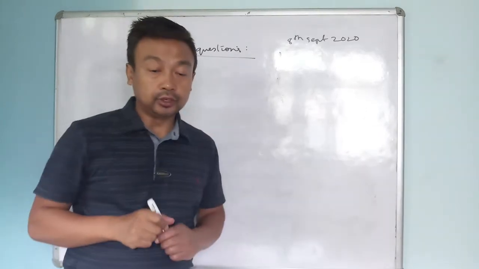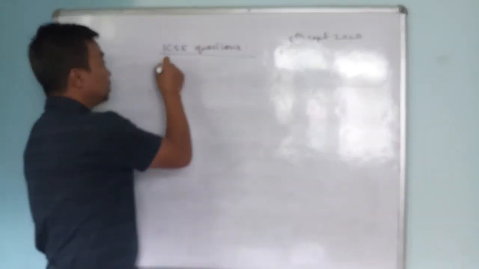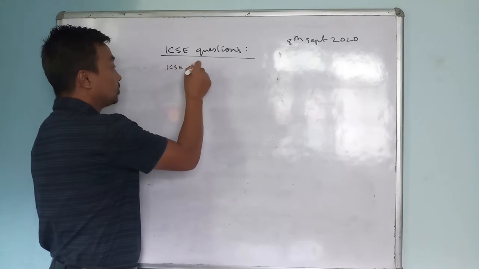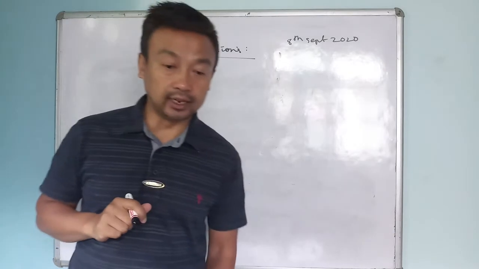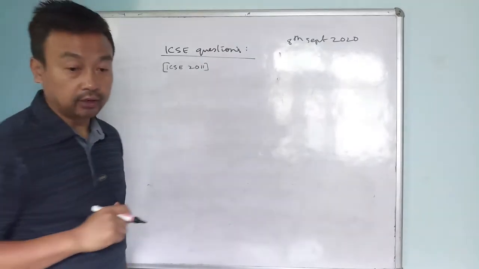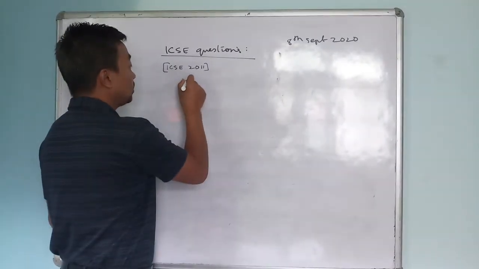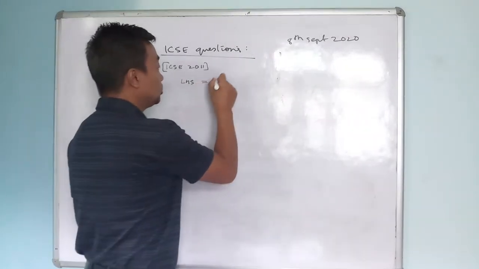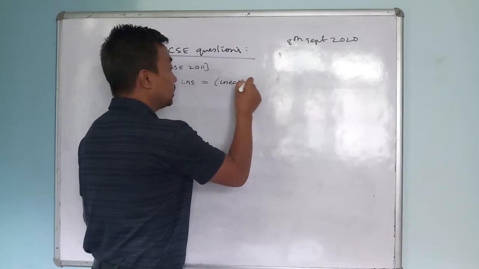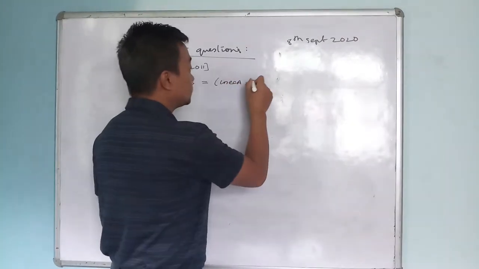Okay, let me do this ICSE 2011. So let us write down the question. I'll write down the left hand side directly. The question is (cosec A minus sine A).